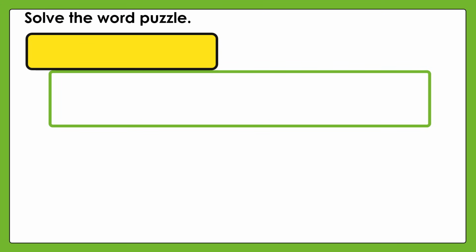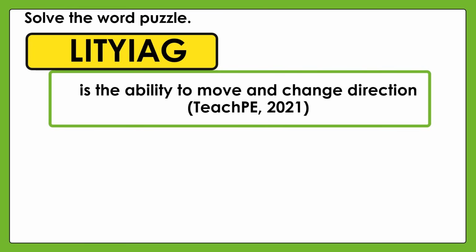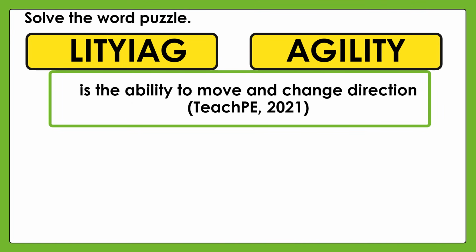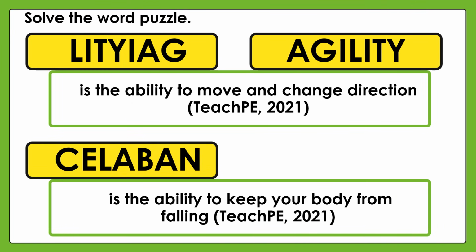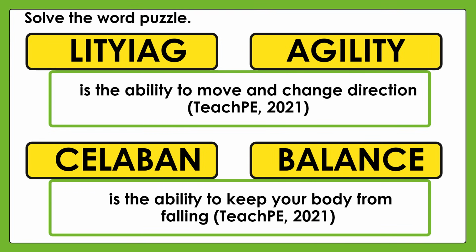Let's answer the puzzle. Number 1, this is the ability to move and change direction. The answer is agility. Number 2 is the ability to keep your body from falling. The answer is balance.